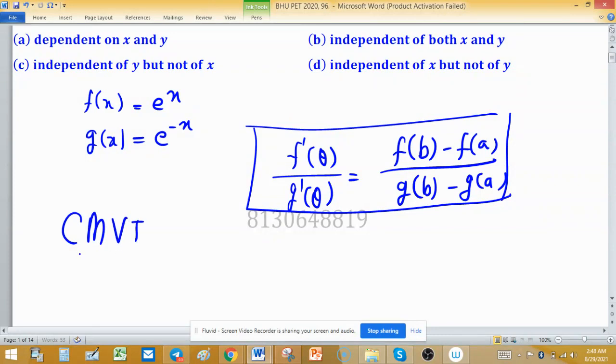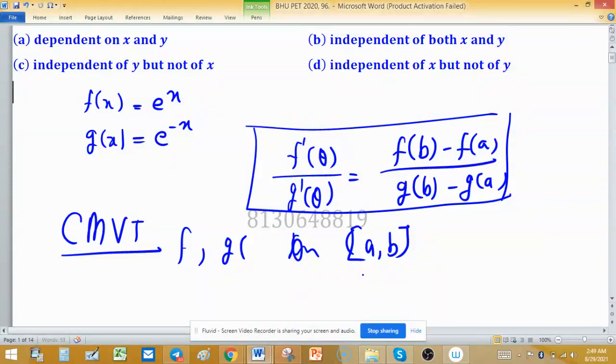Cauchy mean value theorem directly says, suppose f and g are two continuous functions on closed interval ab, and they are differentiable on open interval ab.